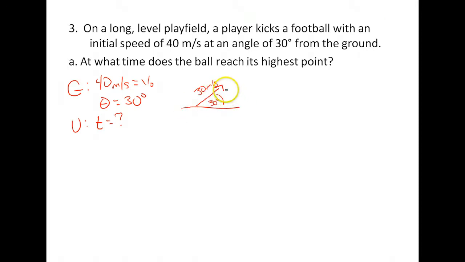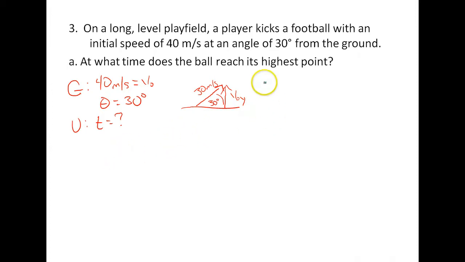All right, so we need to know what the velocity is in the vertical direction. So our initial velocity in the vertical direction here, since that's opposite the side of the angle, we want to make sure to use the sine function.